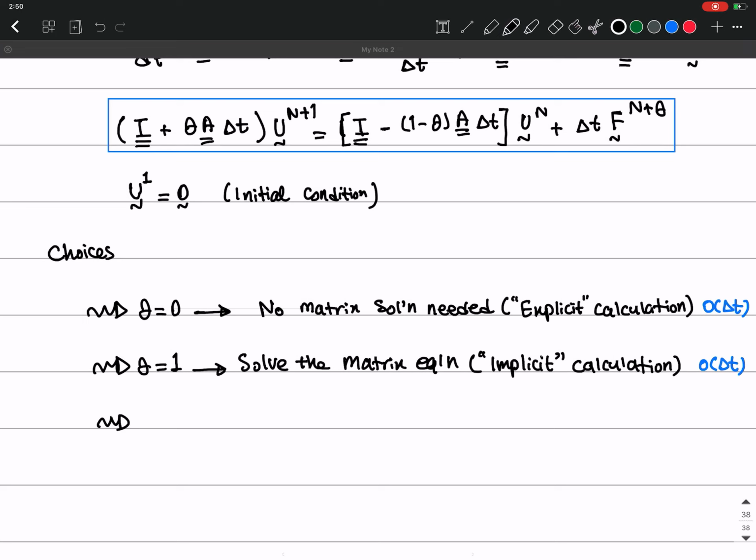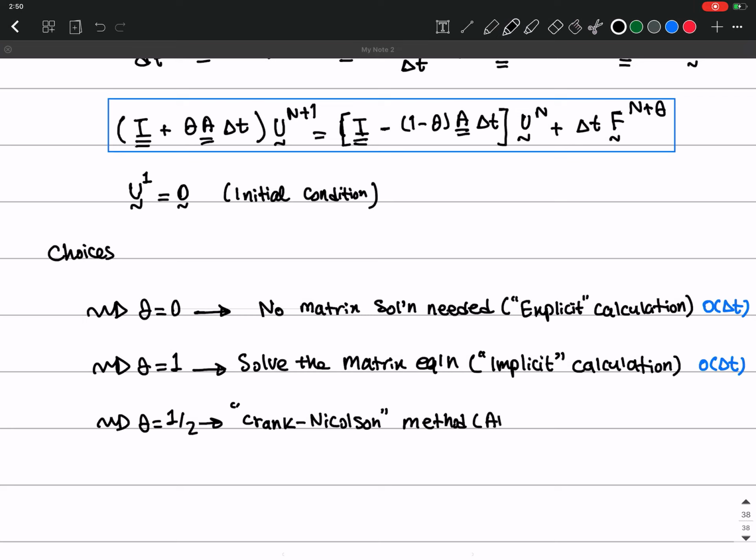The other option, which is kind of the advantage of using this method, is theta set as 1/2. This is called, as you might remember, the Crank-Nicolson method.